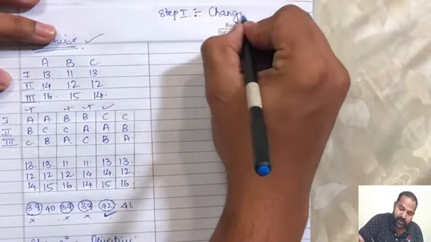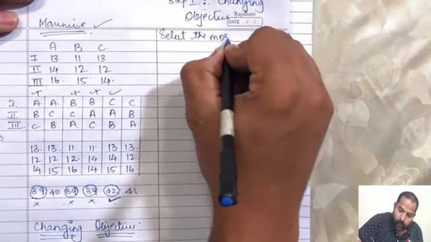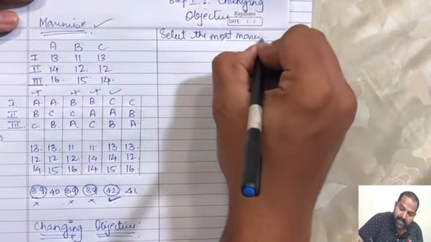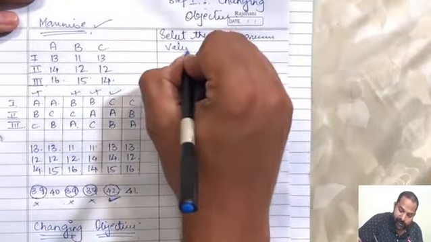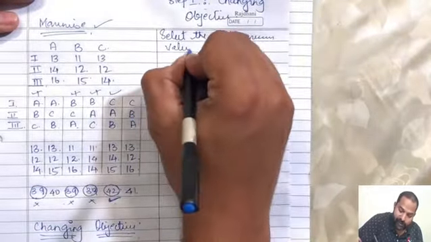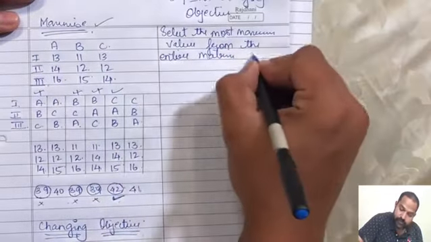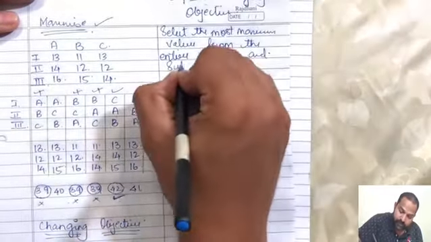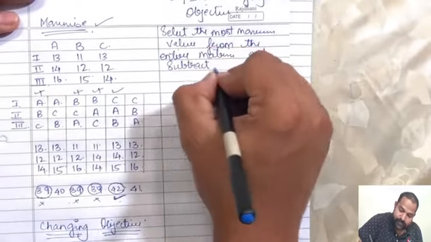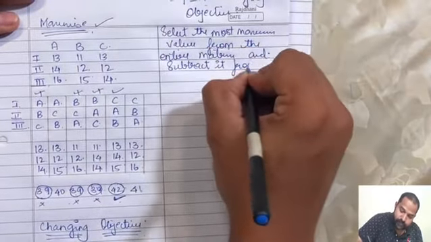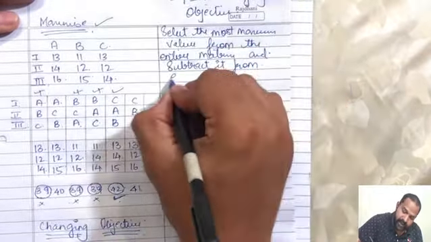Well, this is what I'm going to say. Select the maximum value from the entire matrix and subtract it from every other value.